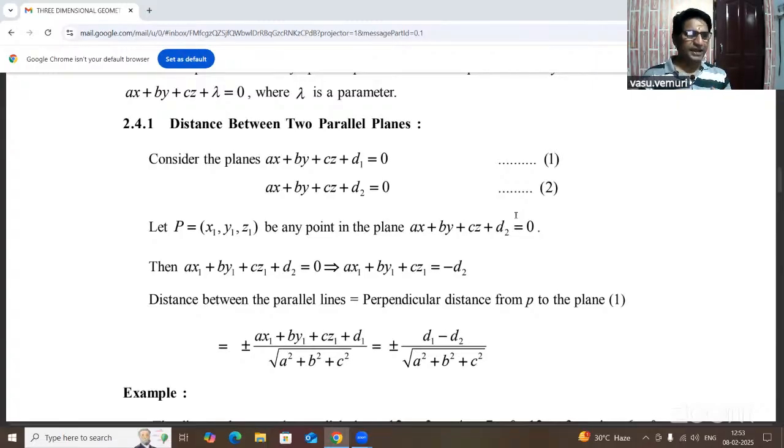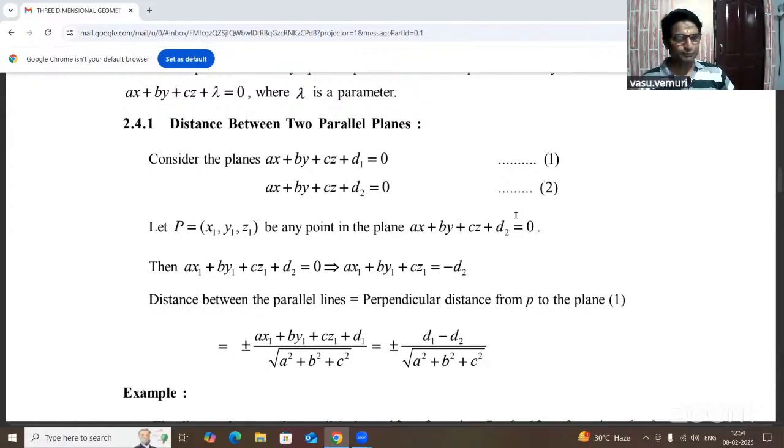So with the same point between any two planes, those planes are called parallel planes. Now here Ax plus By plus Cz plus d1 equal to 0, and Ax plus By plus Cz plus d2 equal to 0. How do we define the distance between those planes?